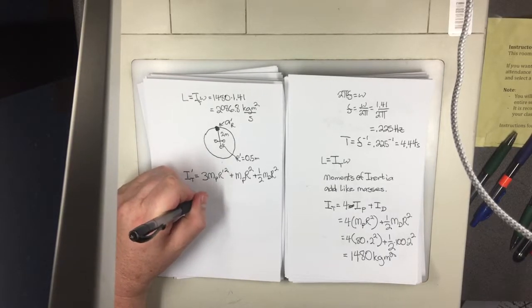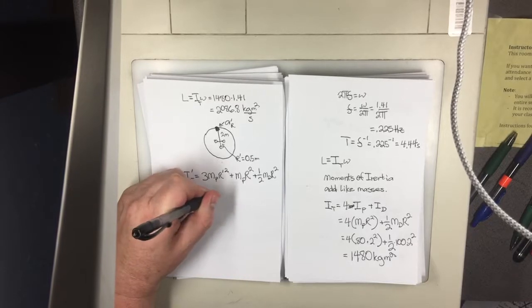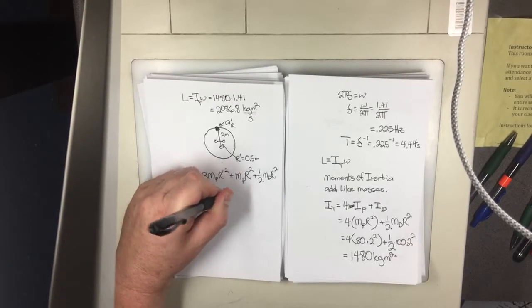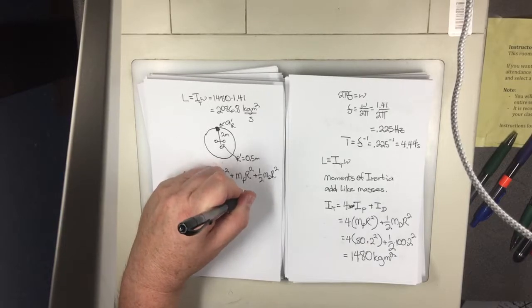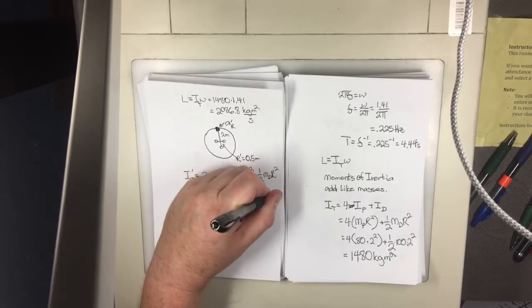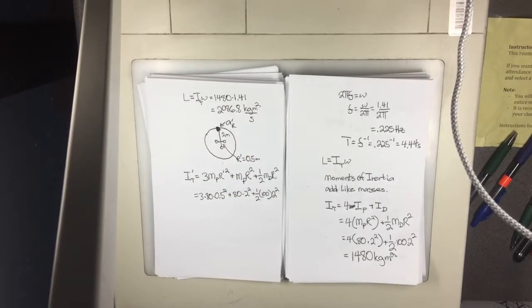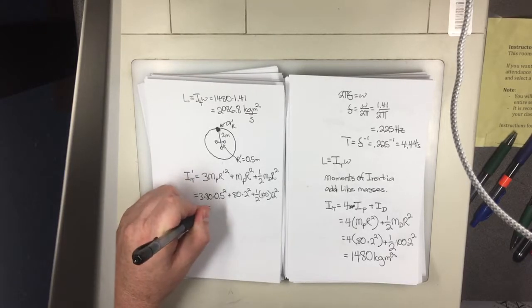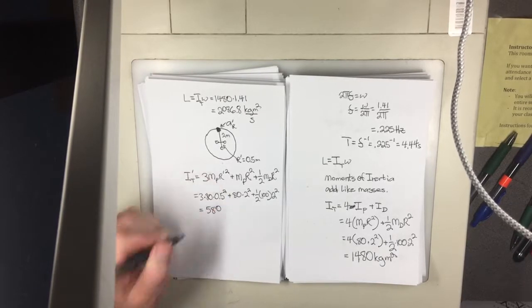This becomes 3 times 80 times 0.5 squared plus 80 times 2 squared plus 1/2 times 100 times 2 squared. And that gives us, oh goodness, it gives us 500. Do the math on this. Hold on, I don't trust this.